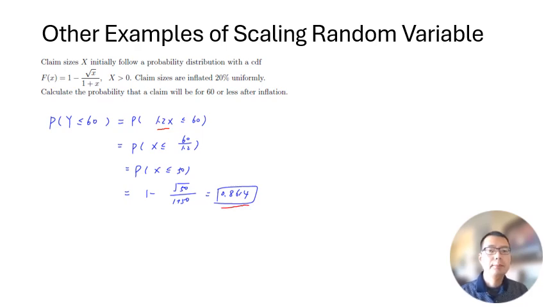So in this example, we don't know whether this is a scaling distribution, but we just did the scale of the random variable, and if we know Fx, we can still deduce the probability for y.